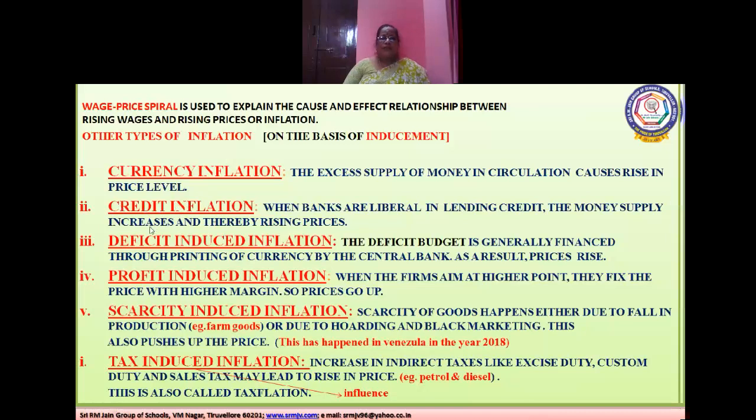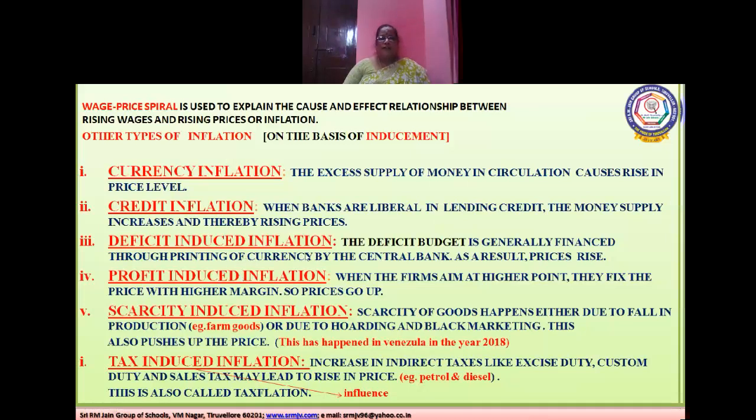Number 2, credit inflation. When the banks are liberal in lending credit, the money supply increases and thereby raises prices. So the inflation rises.